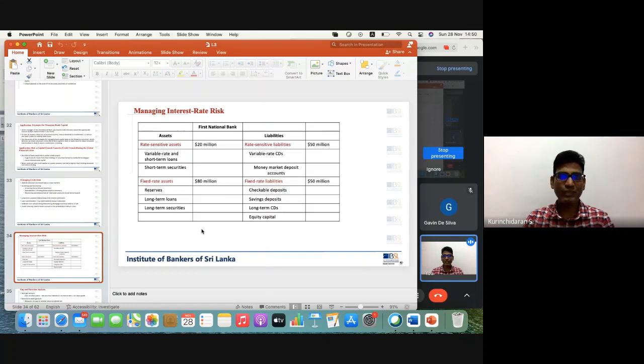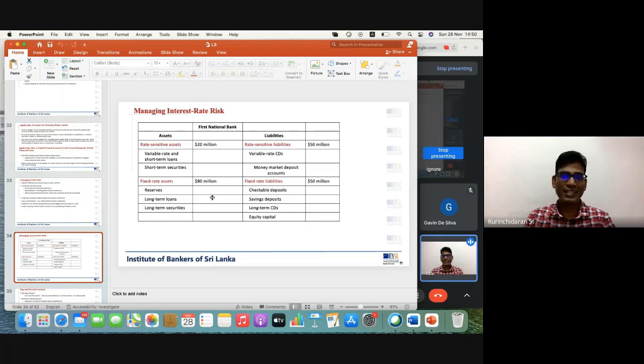One is gap analysis, right? If you take a bank's balance sheet, we can have two different sets of assets and liabilities. You can divide assets into two buckets: one is rate-sensitive assets, another is fixed-rate assets, right?